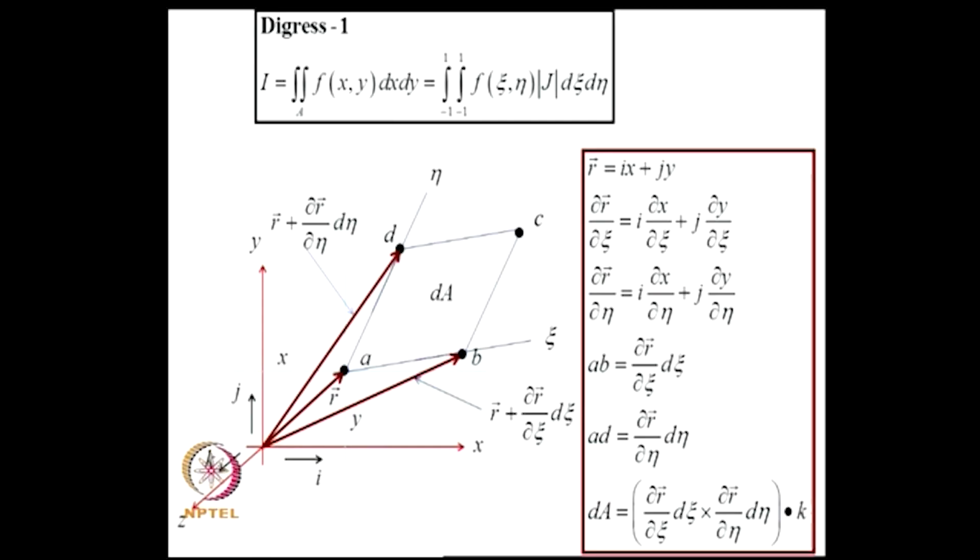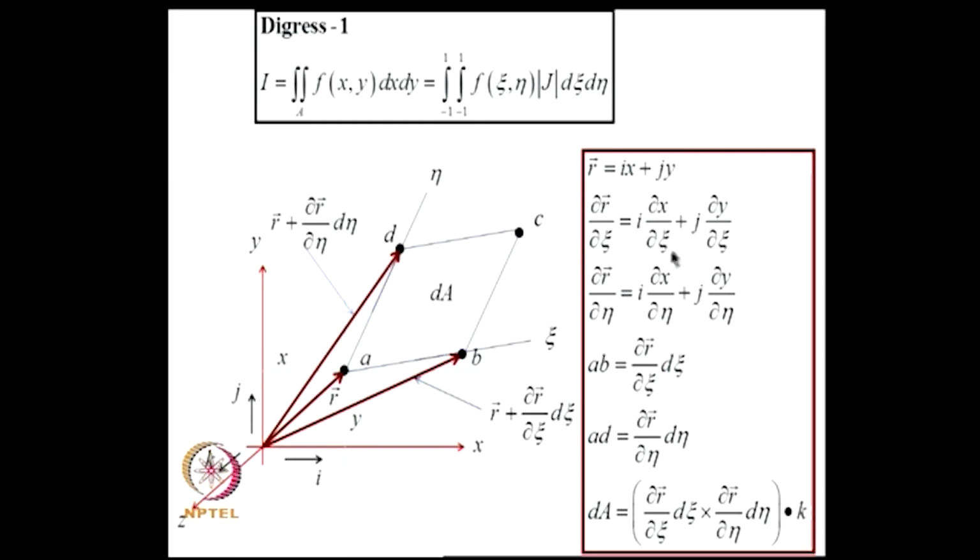To be able to do that, let us consider a point with a position vector r in the xy plane. So, r is i x plus j y. Now, psi and eta are functions of x and y. This is a psi and this is an eta, some coordinates. Now I want to deal with this situation. So, what is dou r by dou psi?